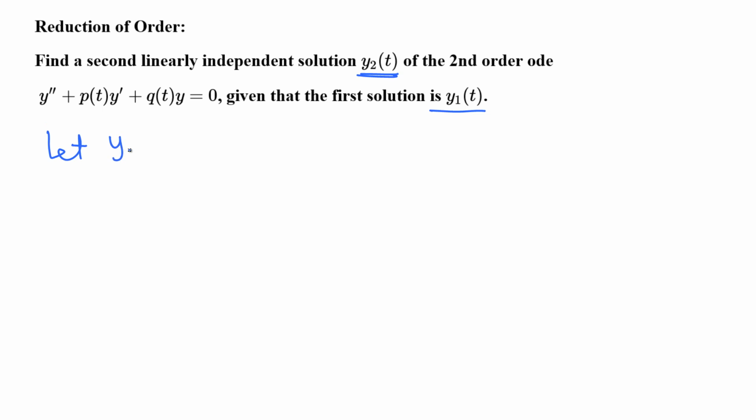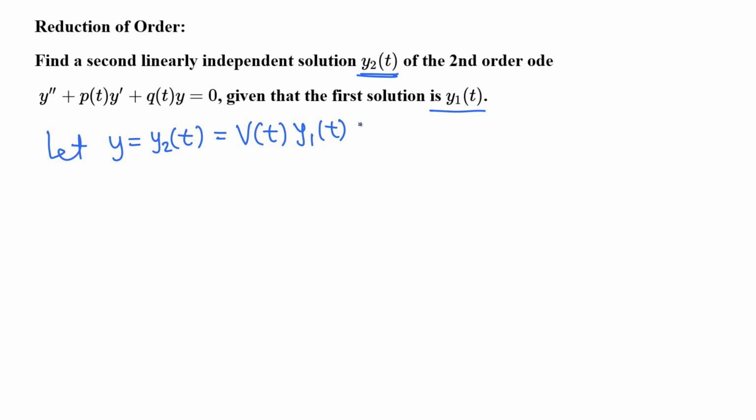Let the second solution y be y2, but I want to write this y as just a variable times the first solution. It won't be a constant times the first solution. It will be some variable, let's say v, unknown, to be determined, times the given solution y1(t).